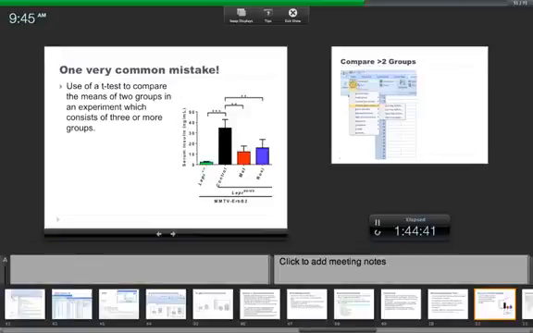I personally would use 95% confidence interval, because if you use standard error or standard deviation, you need to know how big the n is. What is the size of the sample from which the data is obtained in order to know what the 95% confidence interval limits are?